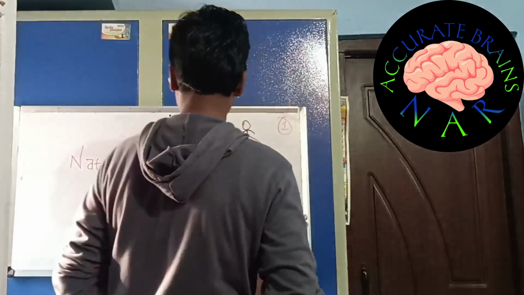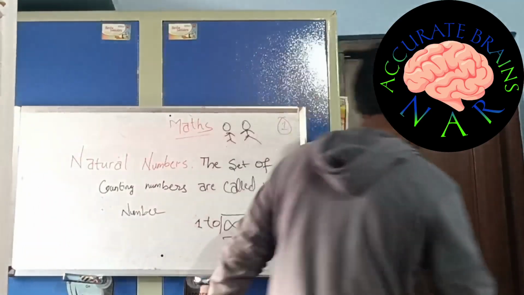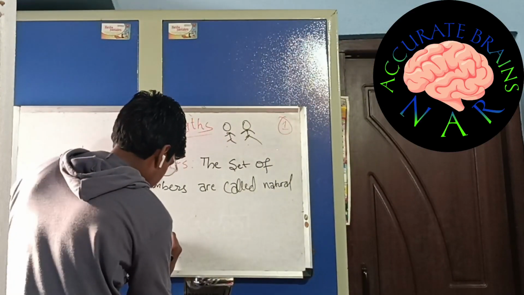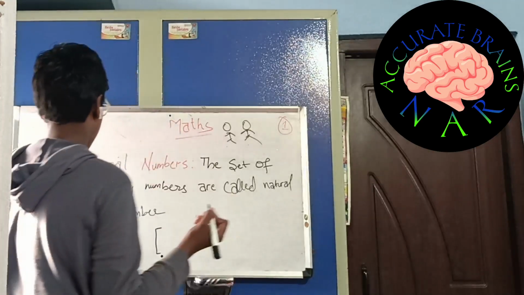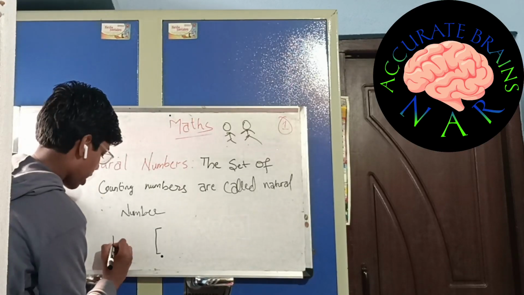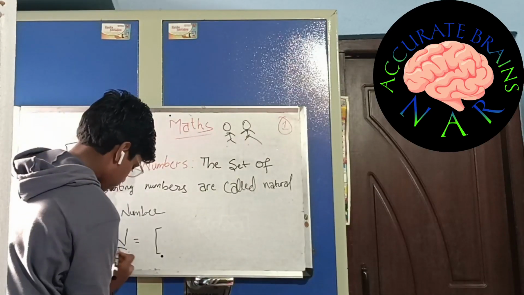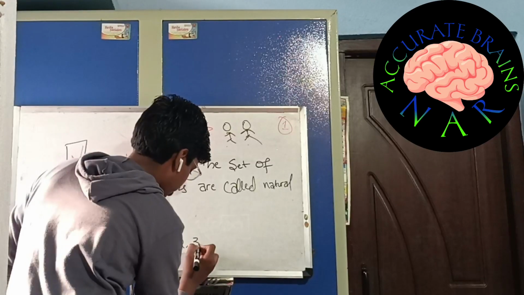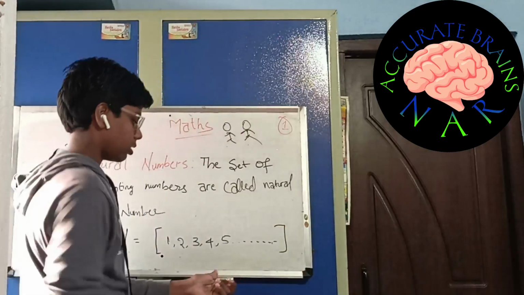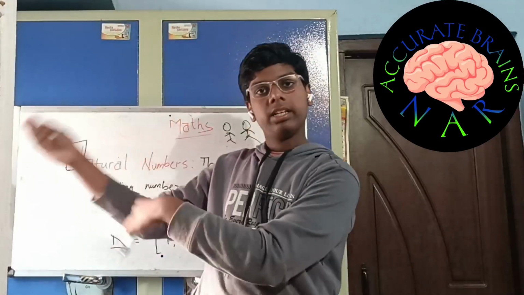So this topic is clear, I think. The set of counting numbers are called natural numbers, from 1 to infinity, meaning unlimited. Natural numbers are represented by the capital letter N. So N is equal to 1, 2, 3, 4, 5 and dot dot dot, which is also a symbol that represents infinity, meaning that many numbers are there.